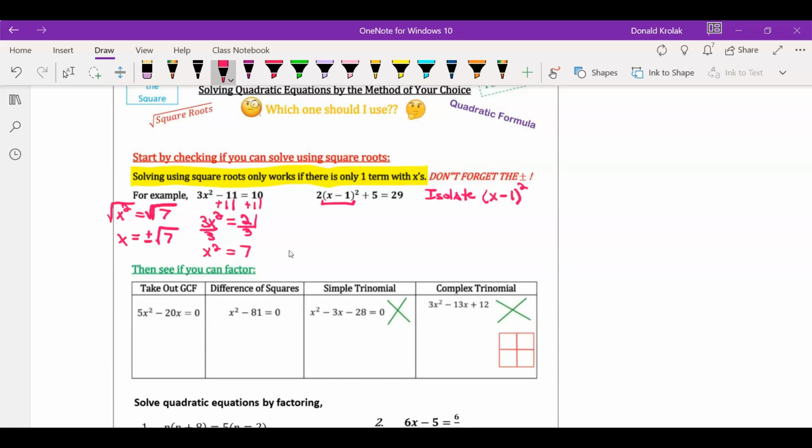So I'm going to subtract 5 first. This is a quicker way than multiplying it all out. So that's going to be 24. Now I'm going to divide both sides by 2, and I get 12.